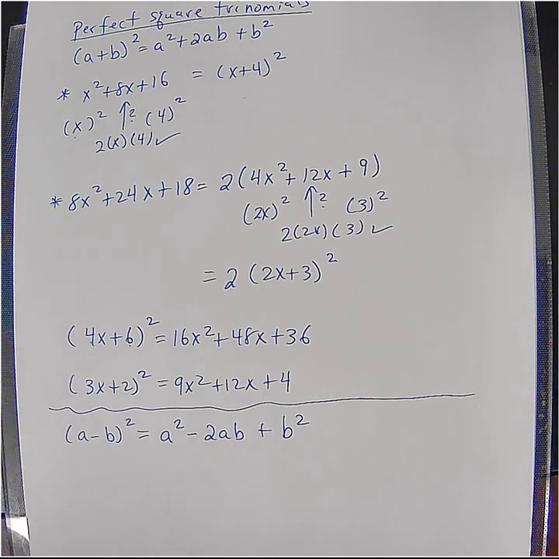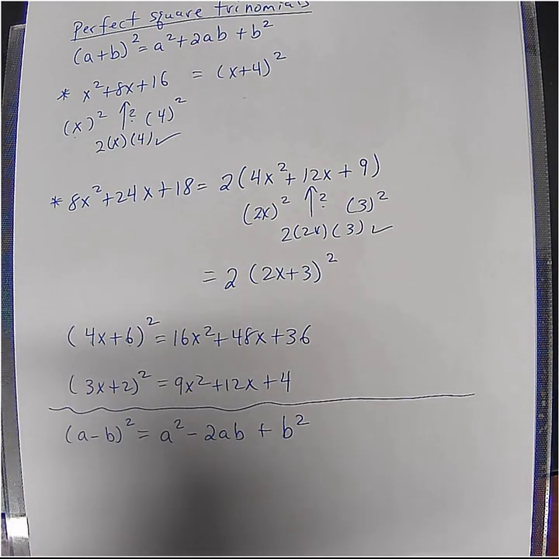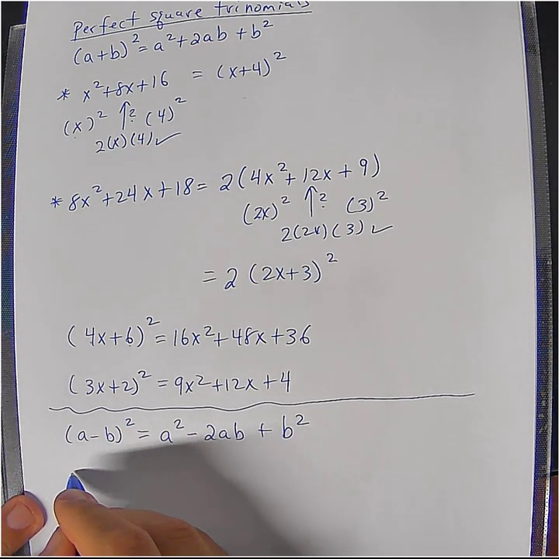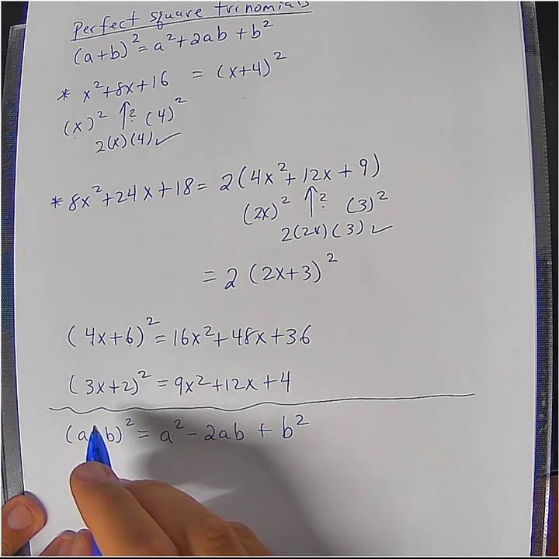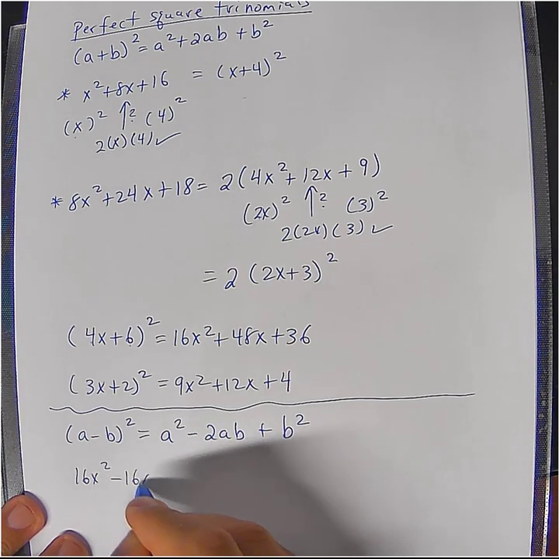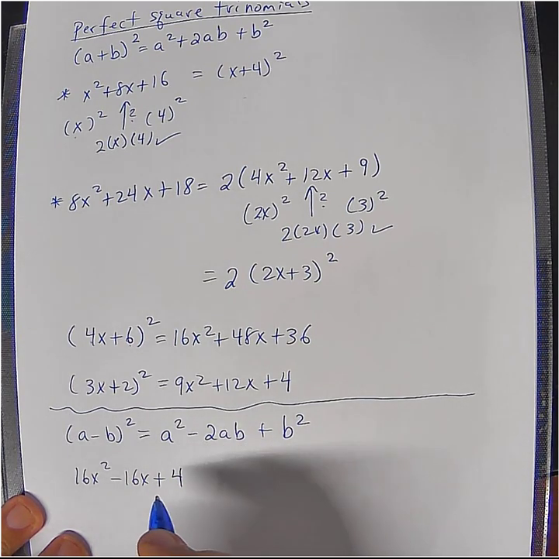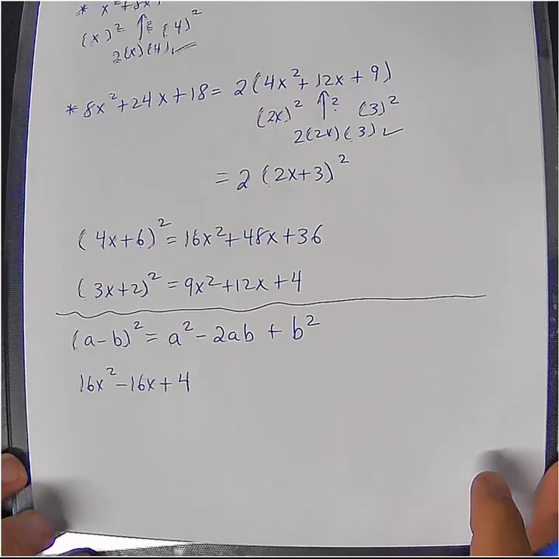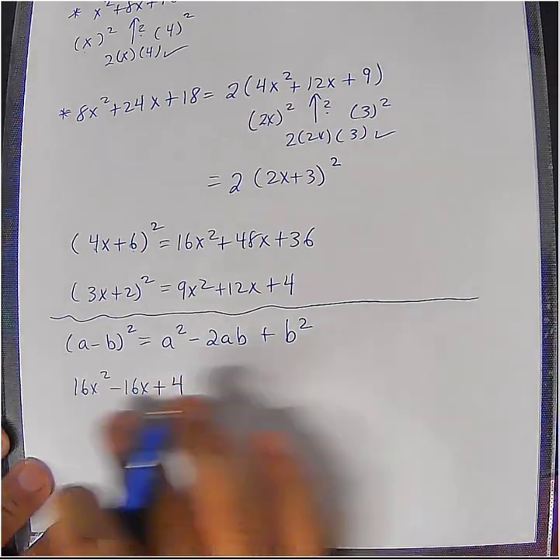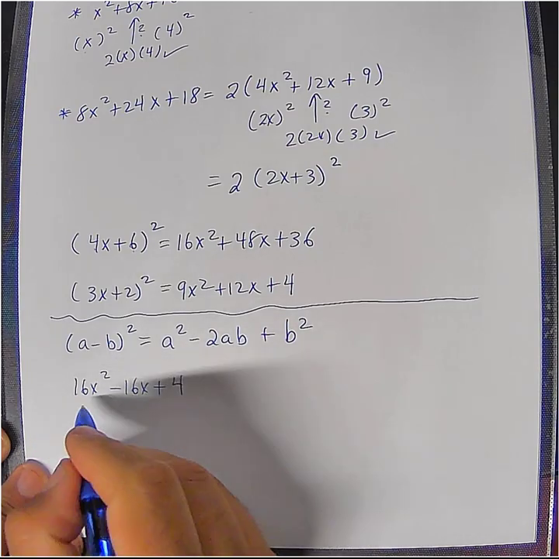So let's do a problem. Let's see if 16x squared minus 16x plus 4. Okay? Let's see if that is in our favor. Again, if you want to do the AC method or borrow payback, I'm not doing that.